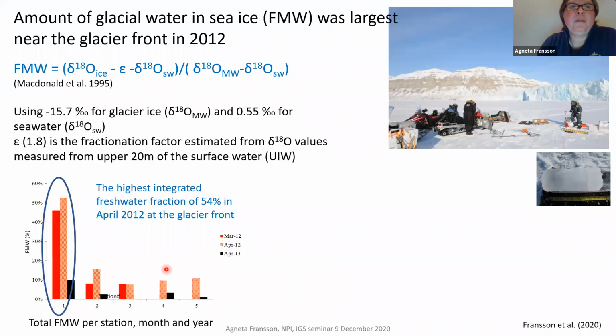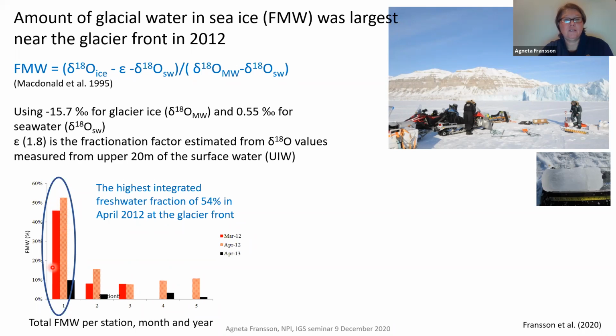So we could estimate the amount of glacier water in the sea ice near the glacier front in 2012, when we used the formulation of fresh meltwater using end members of oxygen-18 in ice, in seawater, and in glacier meltwater. The highest integrated freshwater fraction of 54% in April was found at the glacier front. This red here is station 1, the inner part of the fjord, and it decreases towards the ice edge.